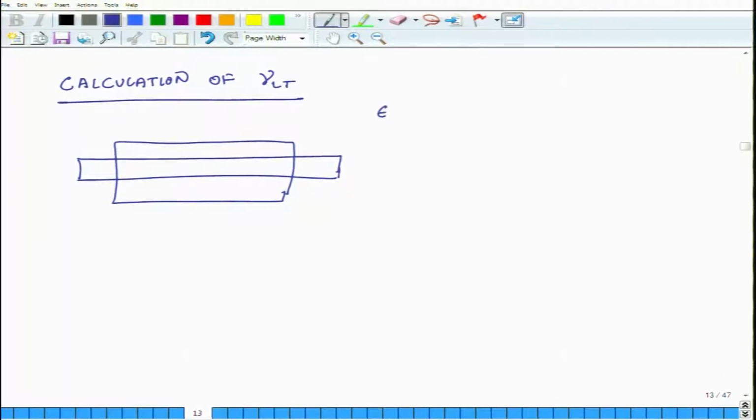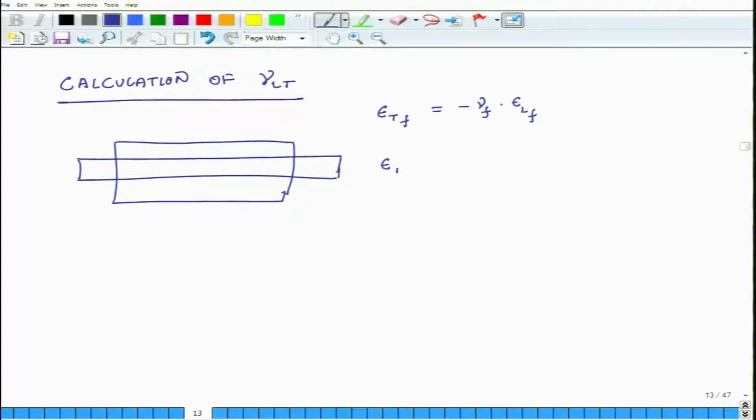So, the Poisson strain, which is epsilon T in the fiber, is what? Negative of the fiber's Poisson's ratio times the strain in the L direction for the fiber.